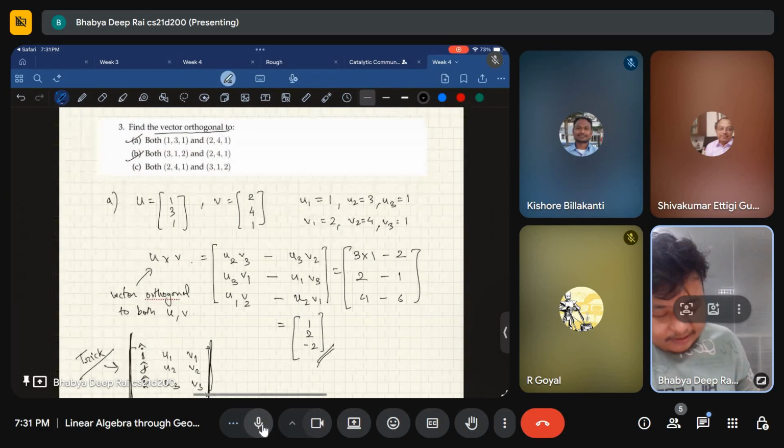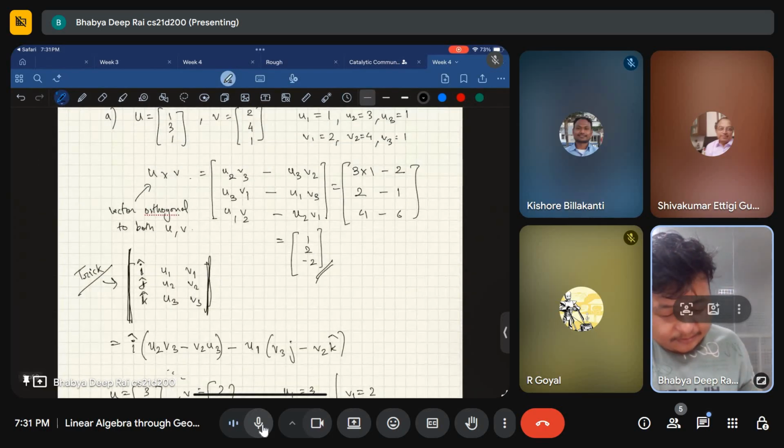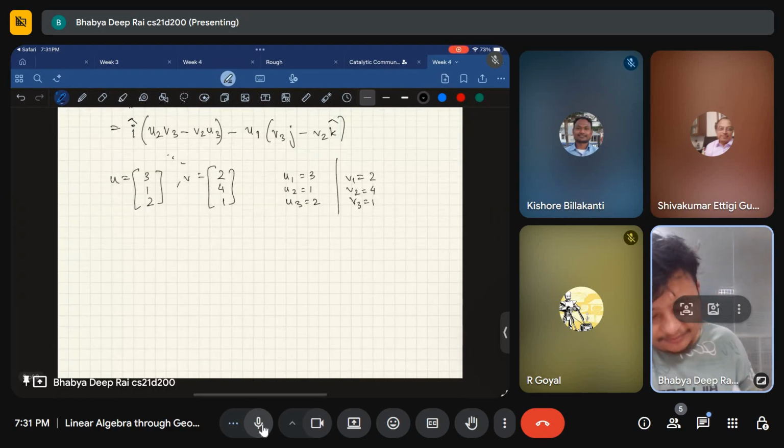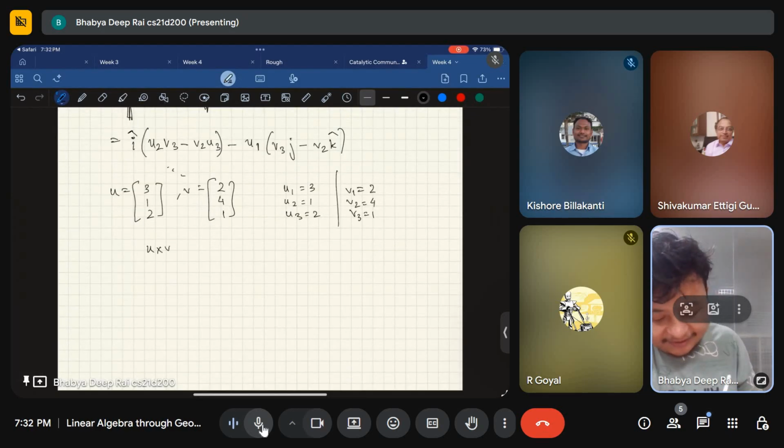Now you find the cross product. So it's better to memorize it. You remember 2 3s, 3 1 and 1 2.